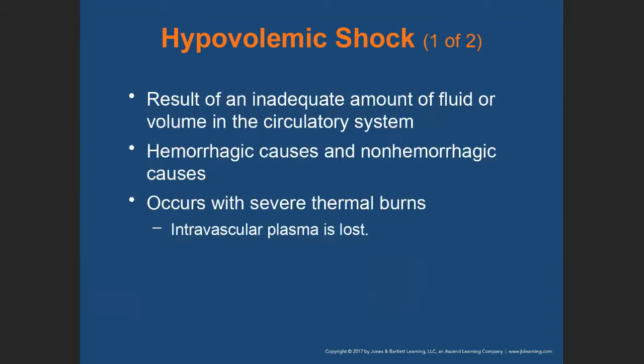Now, the blood loss portion is very straightforward. If somebody is bleeding externally or internally from a blood vessel, the pressure inside of that blood vessel is going to be depleted.